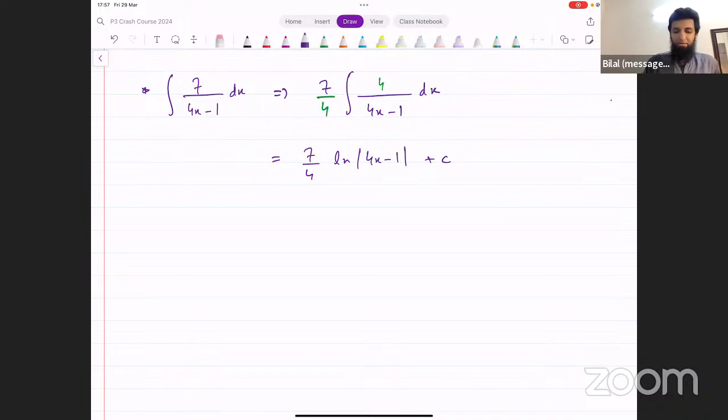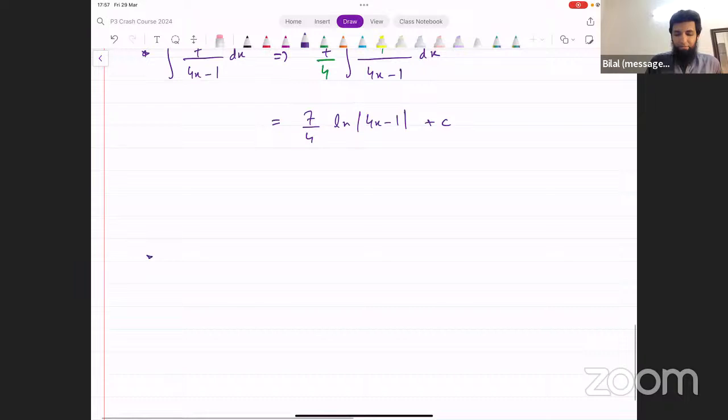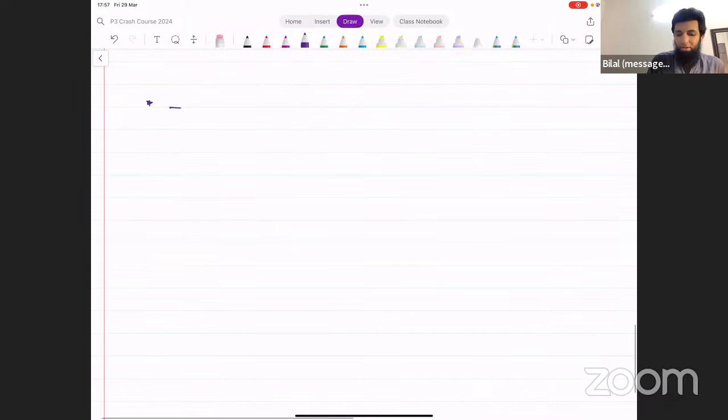Okay, let's take another example. Let's say we have something like this. In the denominator, let's say we had 5x squared minus 8x plus 13. And in the numerator, we had 5x minus 4.